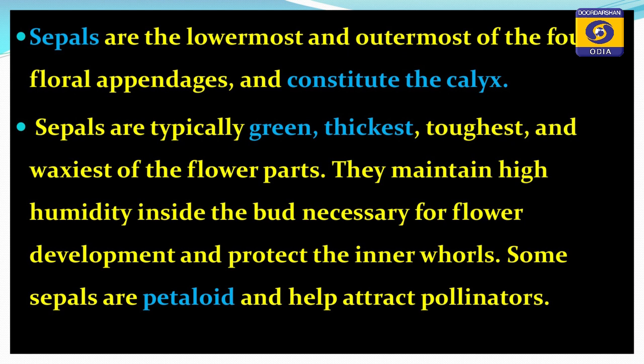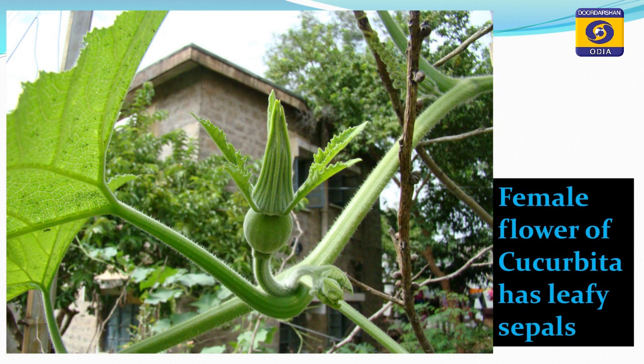You might have seen the leafy nature here. This is Cucurbita, where the sepals are fully leaf-like. You will be confused whether they are sepals or leaves. These are sepals, but fully leaf-like, and even the petals are green. In due course of time they will turn yellowish and become the corolla.